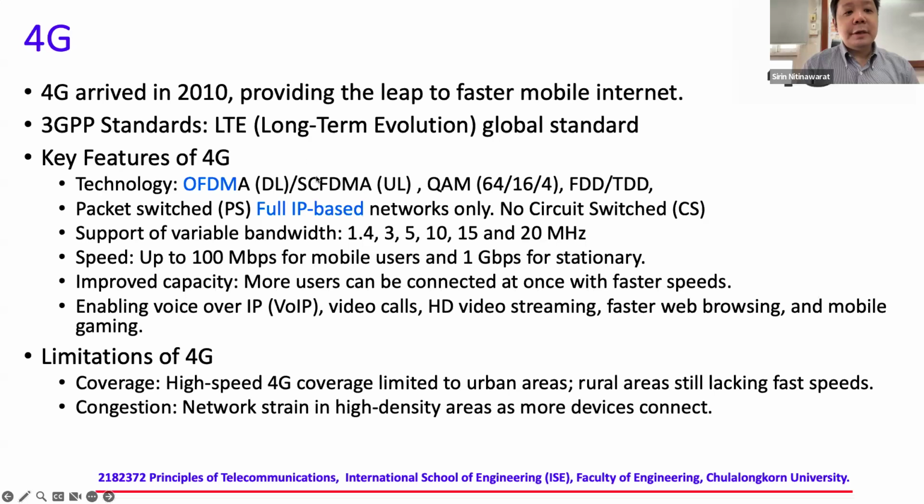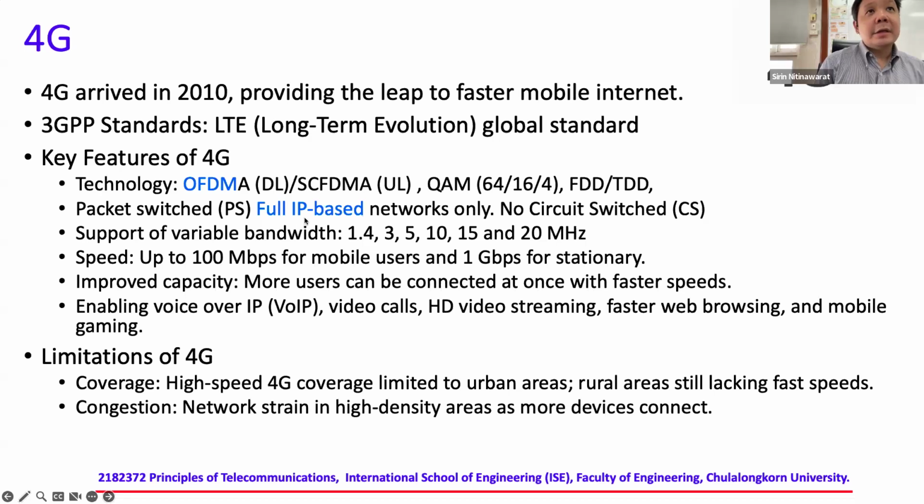Then starting from 4G, we see convergence, okay? An important innovation here is a new multi-access protocol called orthogonal frequency division multiplexing, right? Additional modulation schemes are also used. So here, regardless of whether your traffic is voice or data, everything will have to pass through the internet.